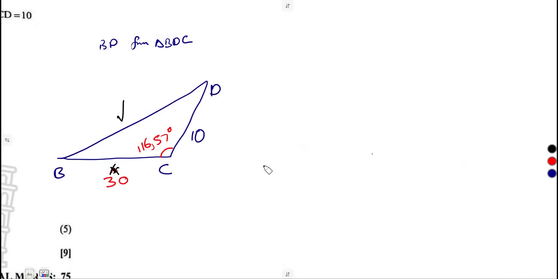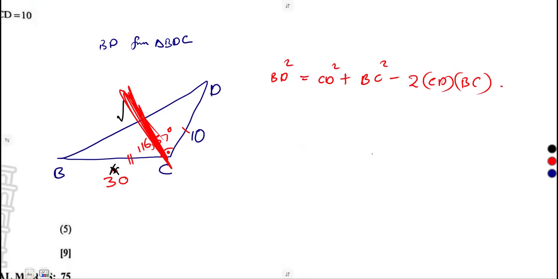What is important is that the side to be calculated, which is BD, BD squared, is equal to the two sides that are creating this angle. So that's CD squared plus BC squared minus 2 times those sides, CD times BC, times the cos of the angle facing the side that we are calculating, which is our included angle.